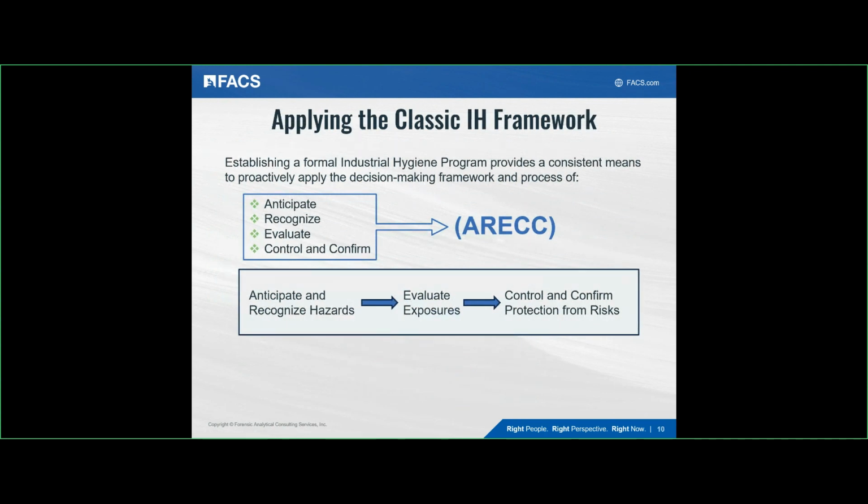So the classic industrial hygiene framework. You open an industrial hygiene textbook, you are going to read about anticipation, recognition, evaluation, control, and confirmation. And although this may appear to be a linear process with a starting and end point, it really could not be further from the truth, because this framework is a cycle of continuous improvement through communication and prioritization of risks.